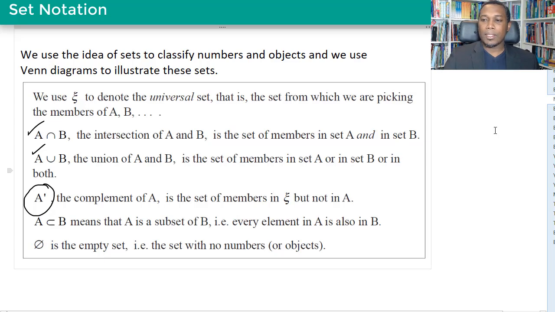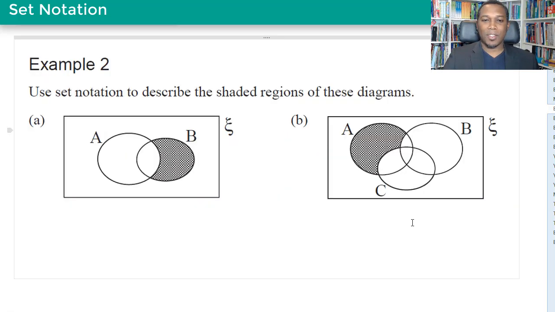Okay. Now let's start using this idea in practice, visualization. So this is the second bit we want to deal with now. Identifying regions, shading regions, shaded regions, identifying them. So I'll ask you now to pause, and based on everything we've discussed so far, if you can use set notation to describe the shaded regions in A and B. Look at that one with B with 3.